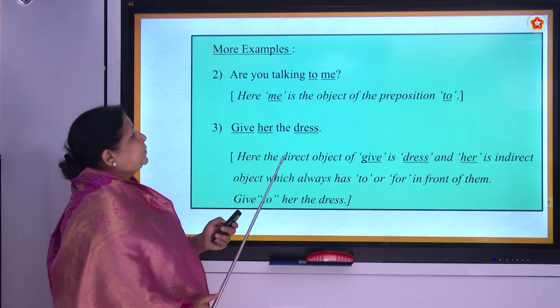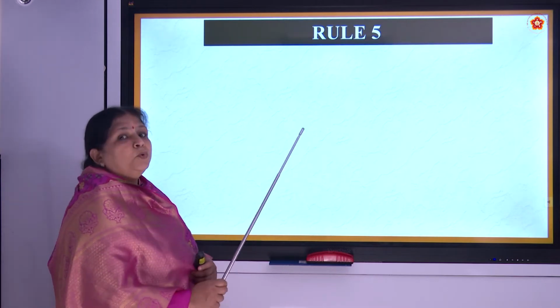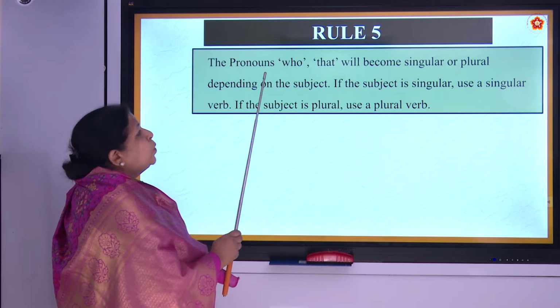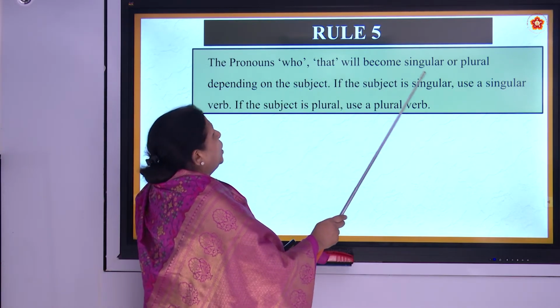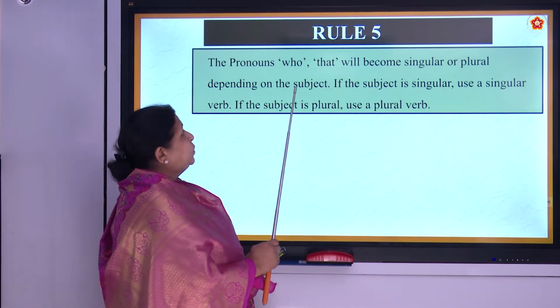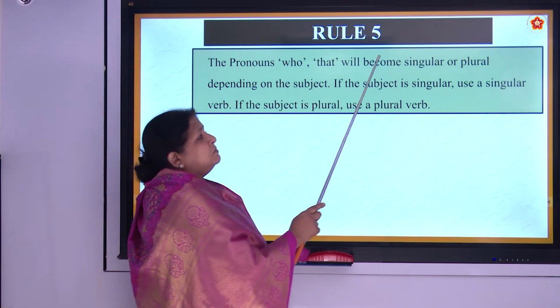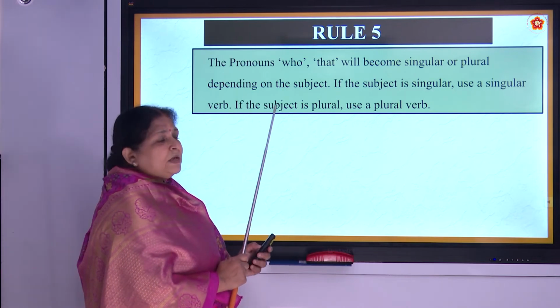Understood? Very good. Now, let us see what is there in rule number 5. The pronouns who, that will become singular or plural depending on the subject.